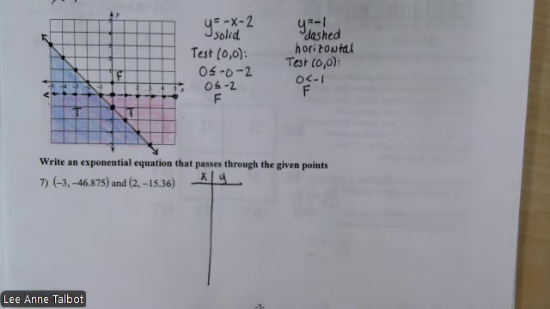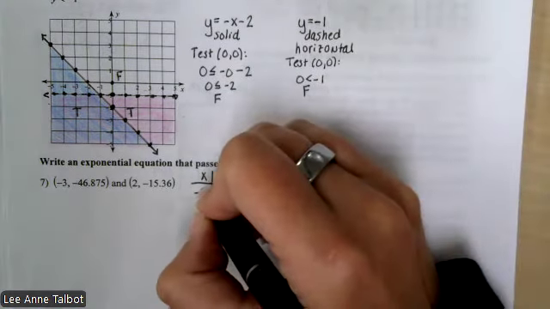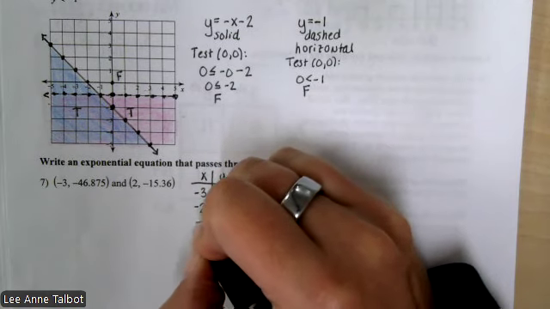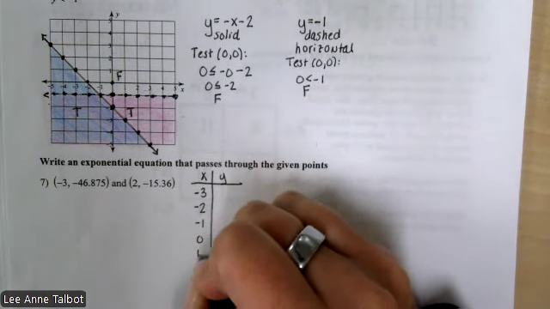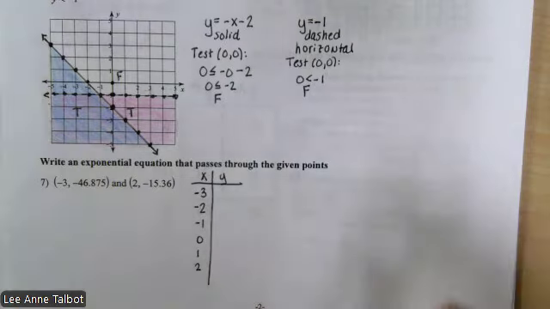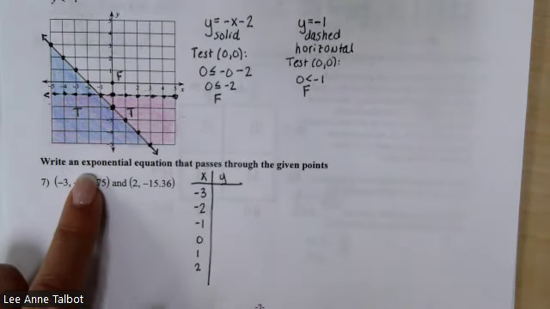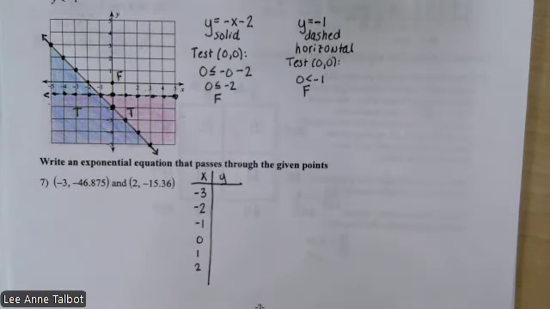All right, last problem of the year. -3, -2, -1, 2, 2. So because it says exponential, I make the table.